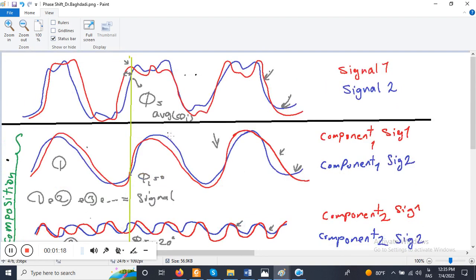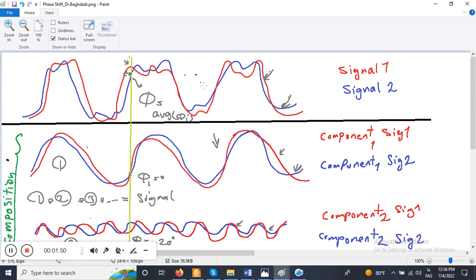In this figure, we try to explain the algorithm of the Hilbert transformation for calculating phase shift. Firstly, for example, we have these two signals, the blue and the red one, the original signal and the projected one.